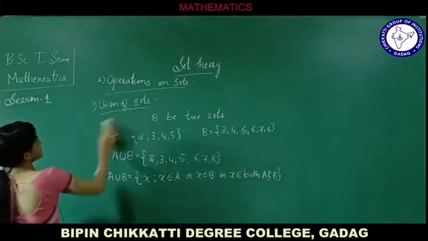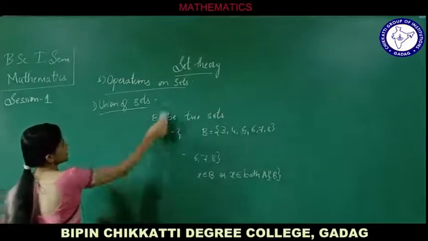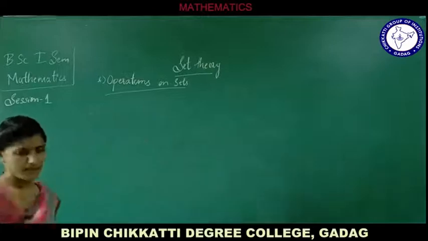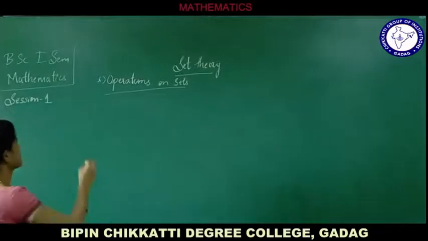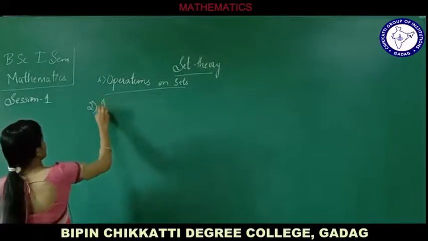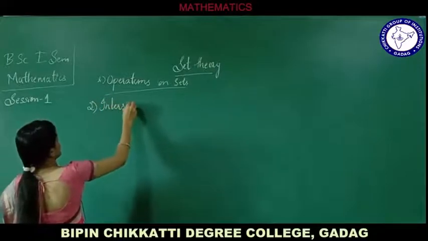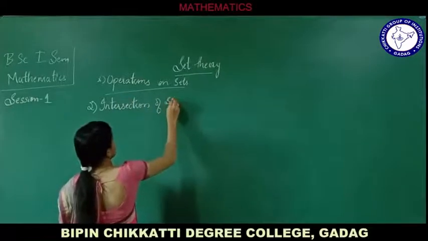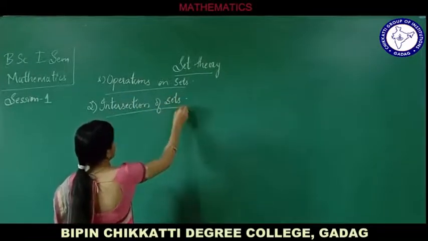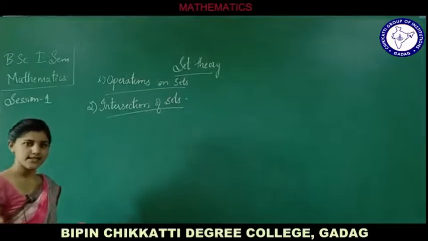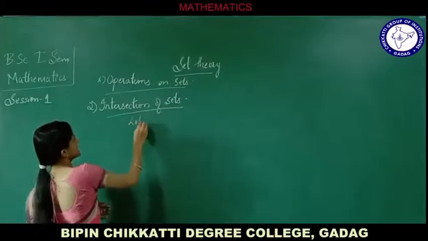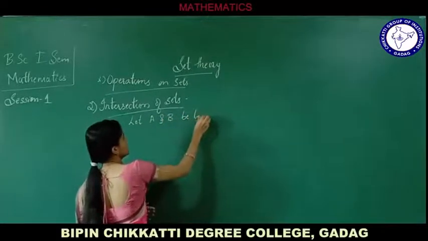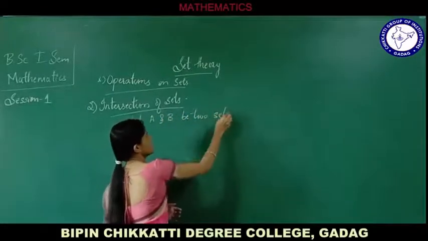Let us next move to the next operation, that is intersection of sets. Again, let A and B be two sets.